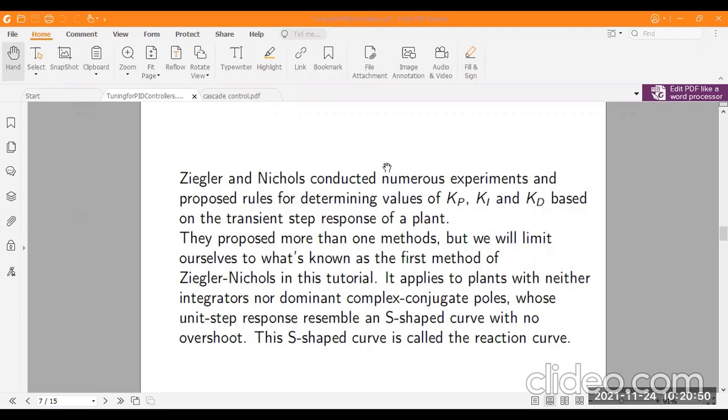So when you use a unit step response in the steady state, the S-shaped curve, we see there is no overshoot value in this Ziegler Nichols method. In this Ziegler Nichols tuning of the control system in the PID controller, the output steady state error slightly increases the overshoot value, but in this S-shape, the steady state value we measure graphically.